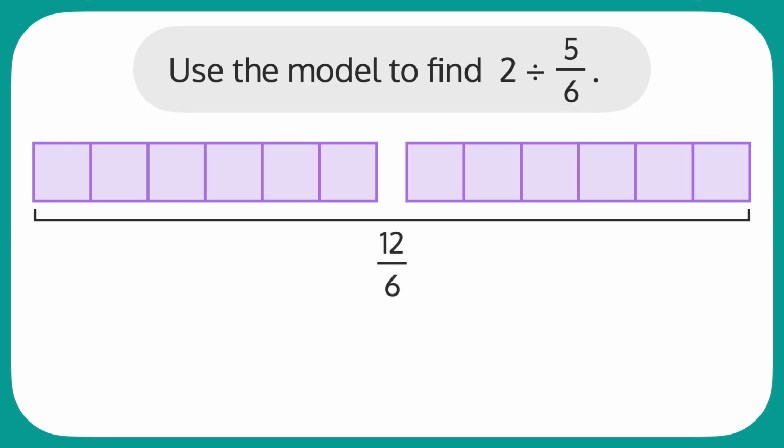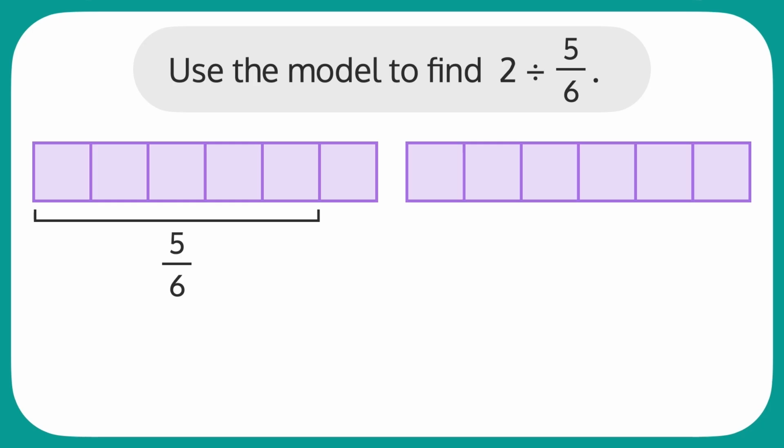Now, how do we use this model to divide? Since we're dividing by 5/6, 5/6 tells us the size of each group. So to solve this problem, let's divide 12/6 into groups of size 5/6 and find how many groups there are in all. Here's 1 group of 5/6, and here's another group of 5/6.